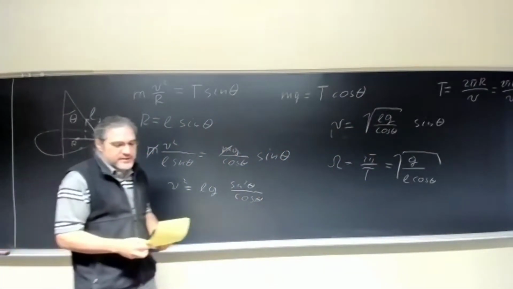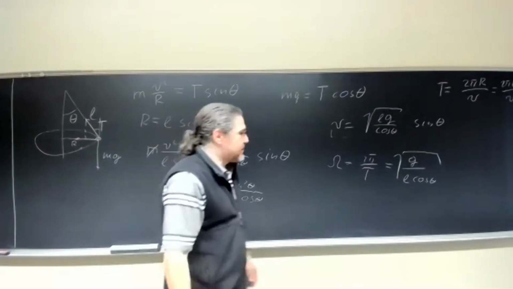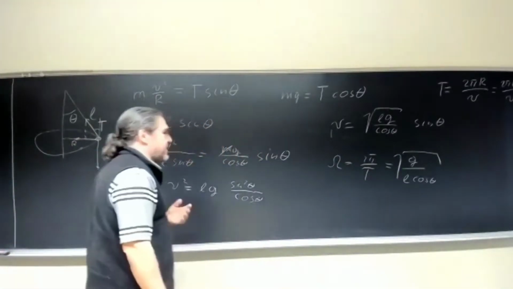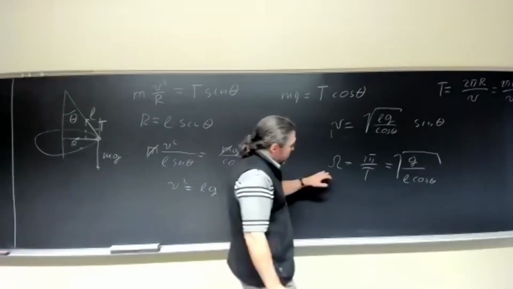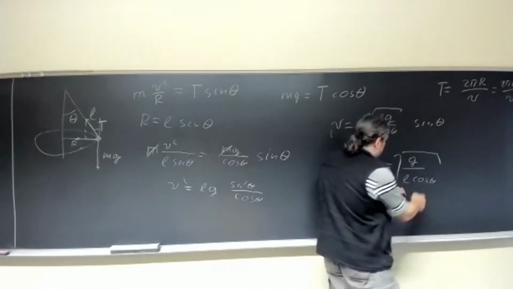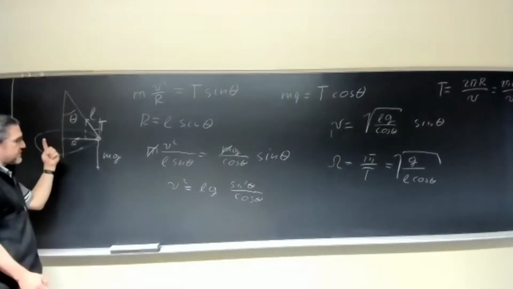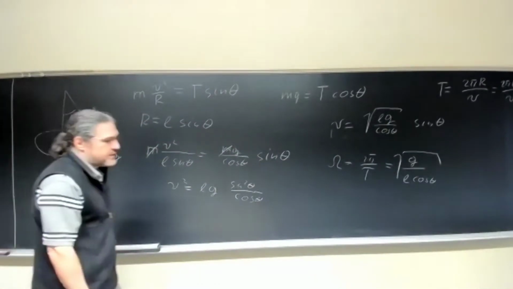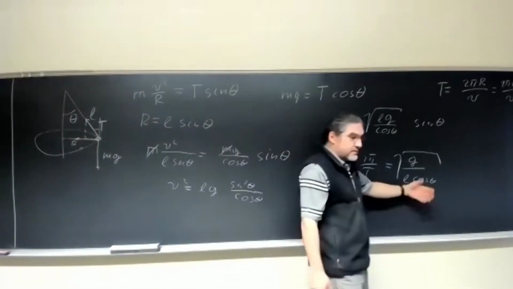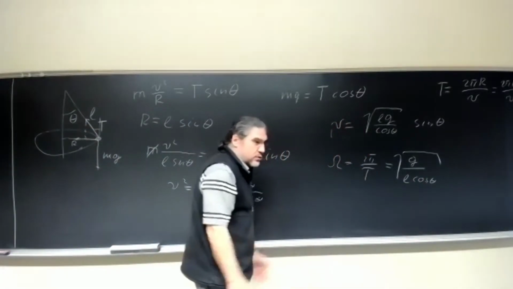And now you can actually see something which I don't know if it's surprising or not, but it's quite interesting to know: if that angle is very small, right? So it's rotating just around its stable point. Then the cosine of a small angle is very close to 1.